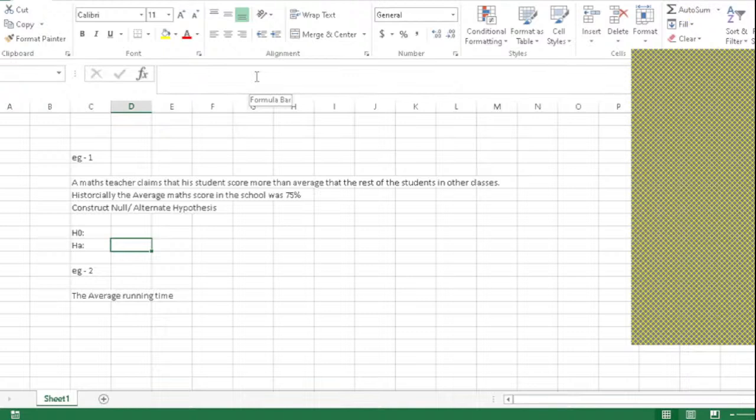Maths average score greater than 75% is what is claimed, right? And the rest, everything, I'm going to put in null: score less than or equal to 75. Everyone has constructed the same null and alternate. Anyone who has a confusion can let me know still. Otherwise, I'm going to go to the next example.